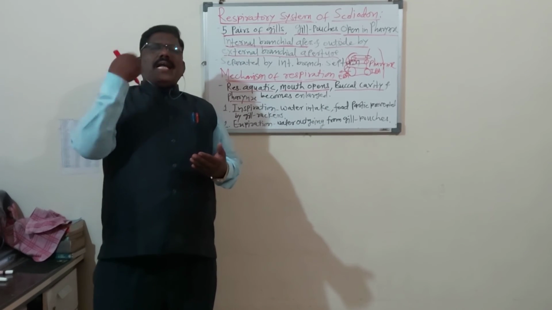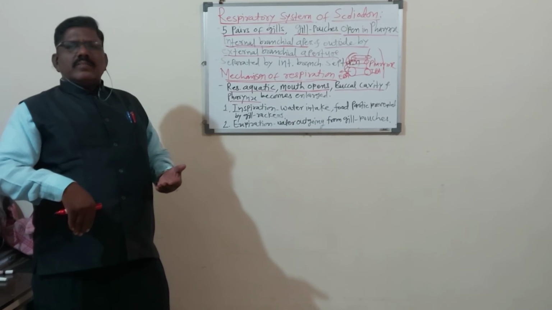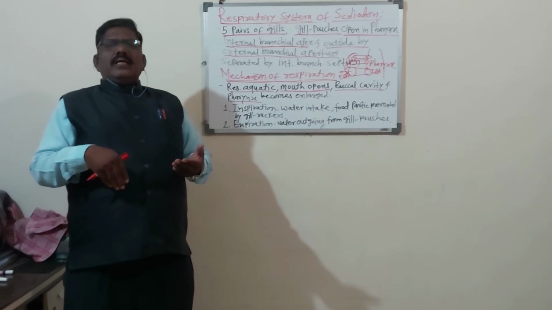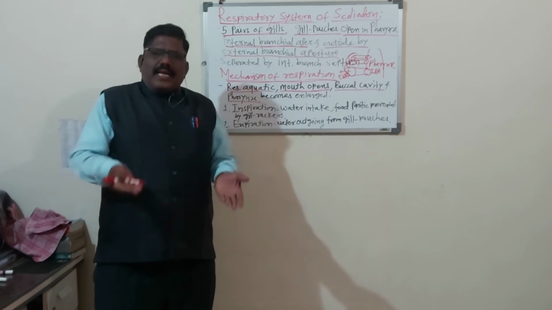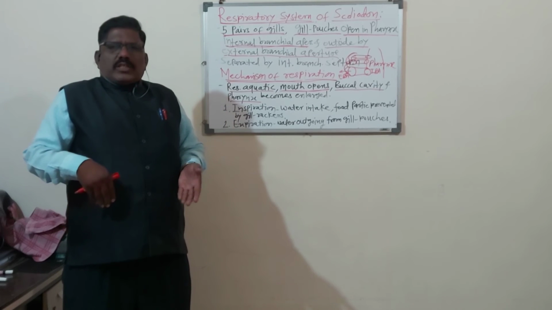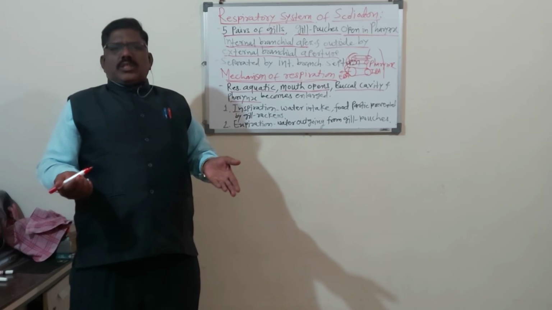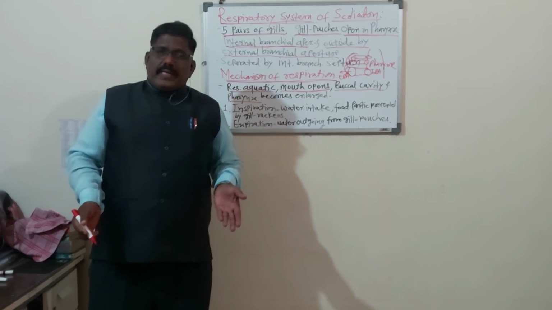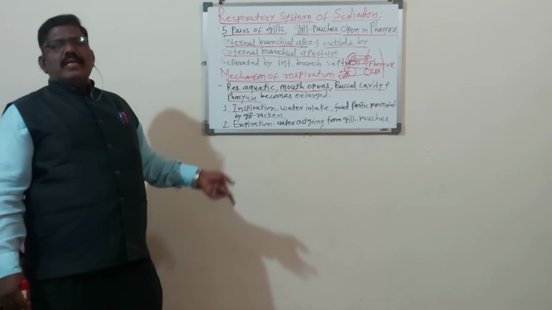Inspiration and expiration. ऑक्सिजन घेणे, त्याचा बॉडीमध्ये वापर करणे, त्याचे रूपांतर कार्बन डायऑक्साईडमध्ये झाल्यानंतर, कार्बन डायऑक्साईड टॉक्सिक असल्यामुळे त्याला आपल्या बॉडीच्या बाहेर टाकण्याचं काम एक्सपायरेशनच्या द्वारे होत असते. So remember, in the mechanism of respiration there is the inspiration and expiration.